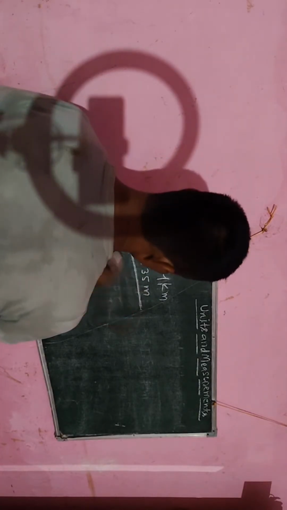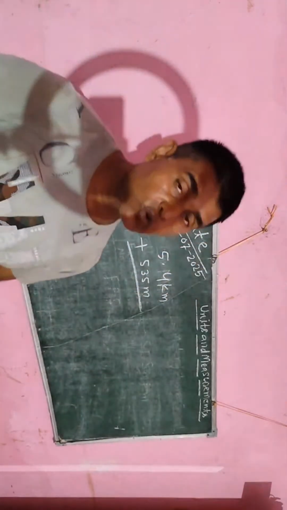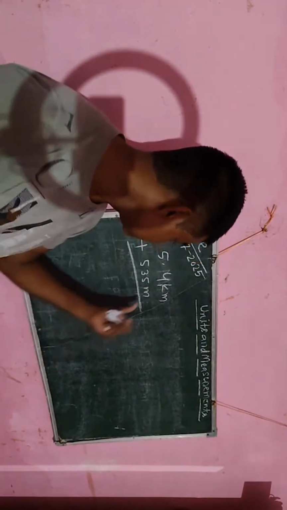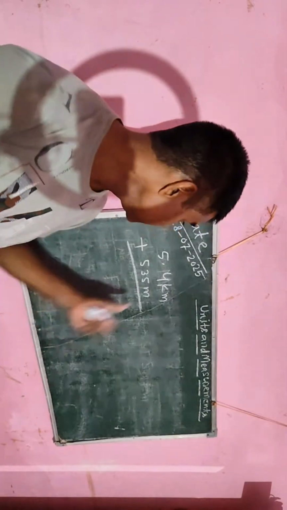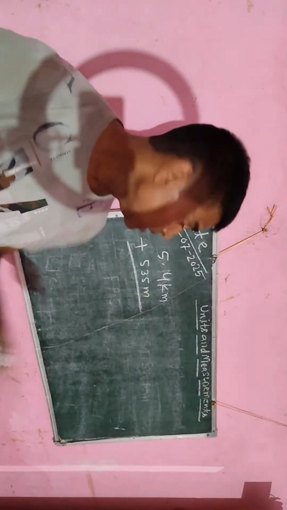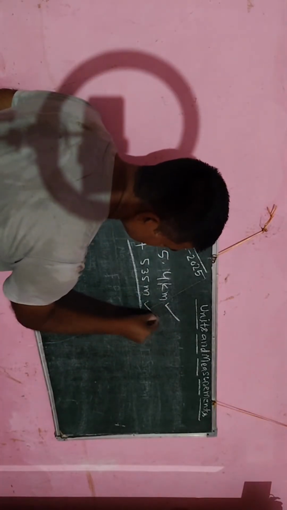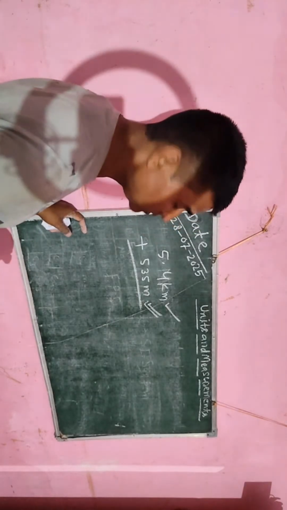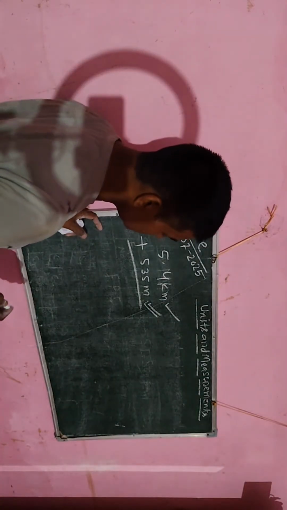Addition cannot be possible directly because one is given in kilometer and the other in meter, so you have to convert. All can be written in kilometer, then addition can be possible. If you do not do any conversion, your addition will be wrong.